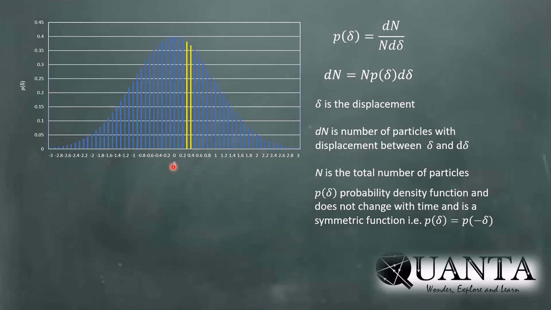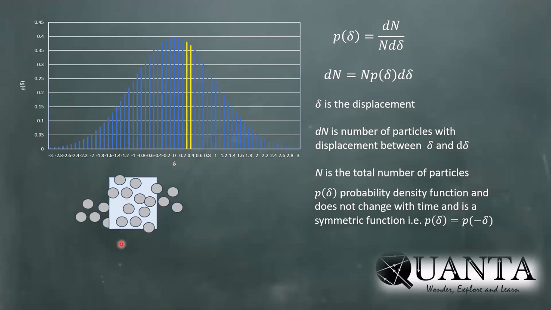To this setup, we will add one more ingredient. We focus on a small volume where we define rho n as the number of particles in unit volume at a given location x at a given time t.